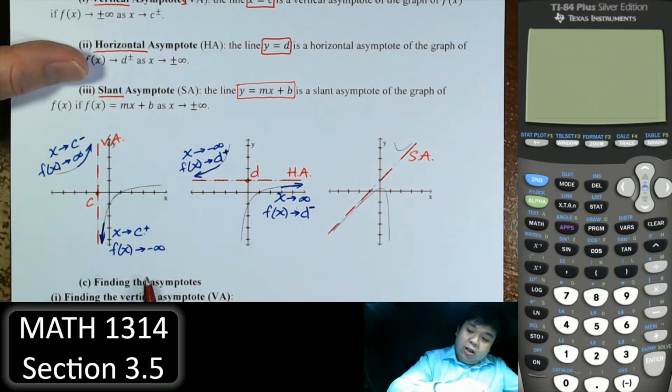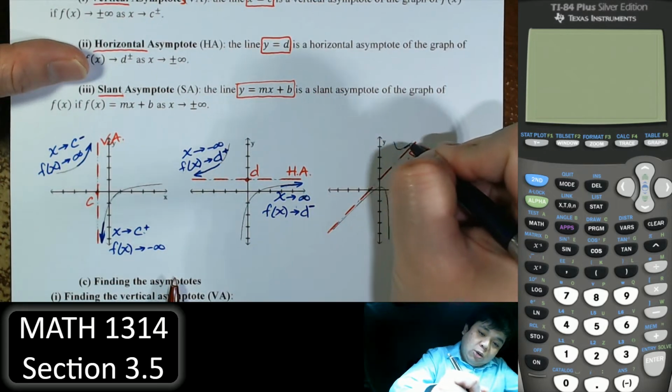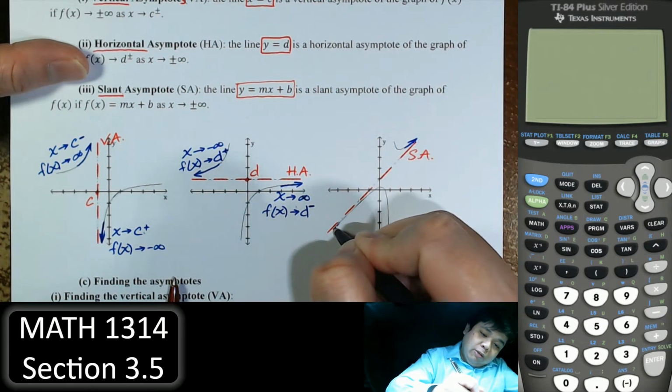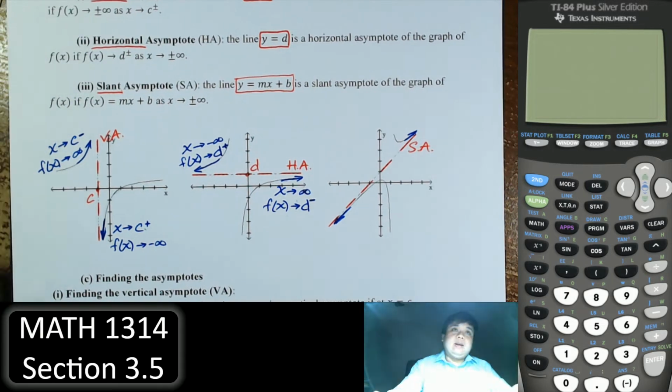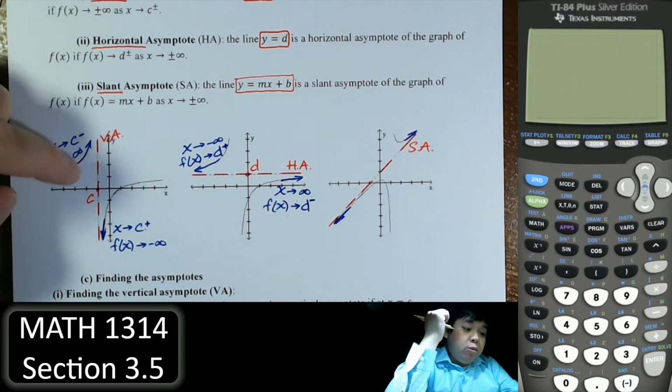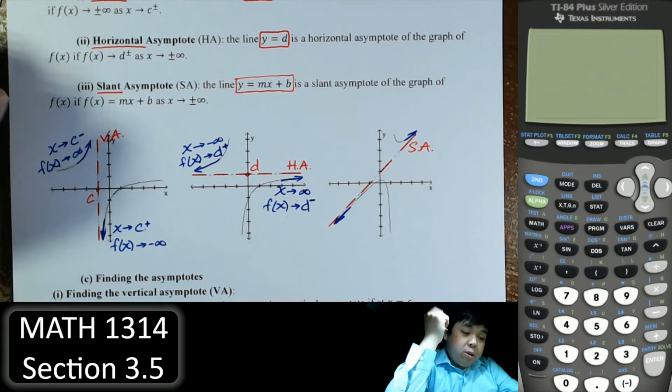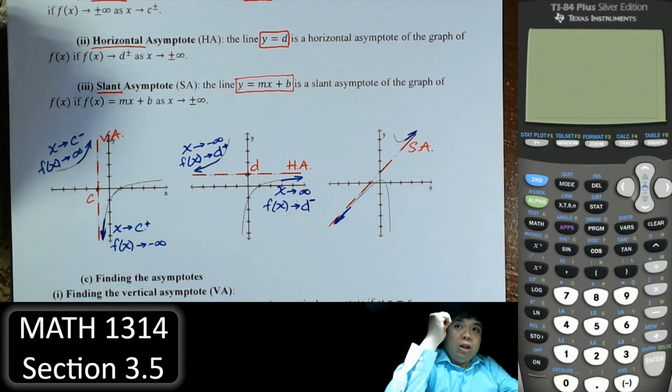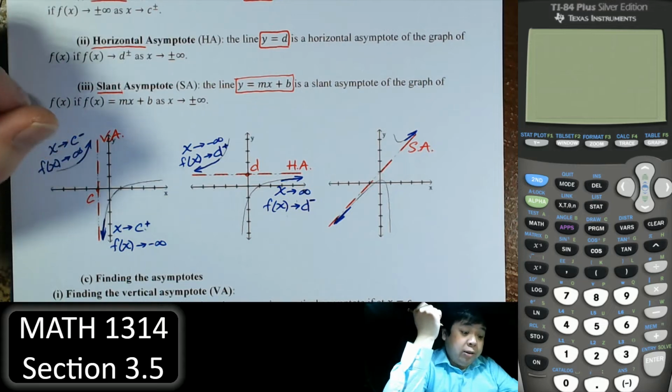So the function approaches it as x goes to infinity or negative infinity. Right, now a few more things to consider. Vertical asymptote, there may be more than one. Horizontal asymptote, there can be one or maybe none. Slant asymptote can be one or none.